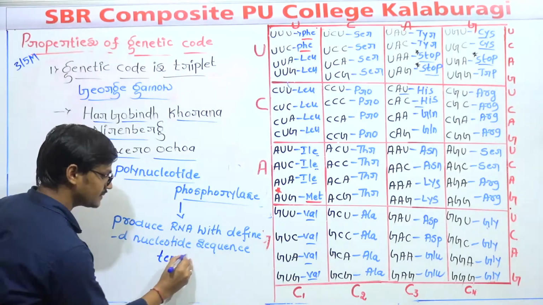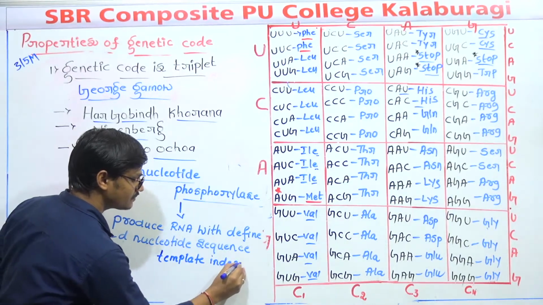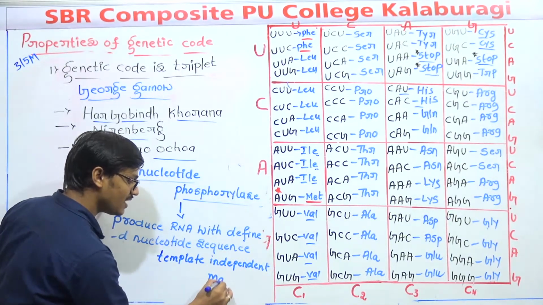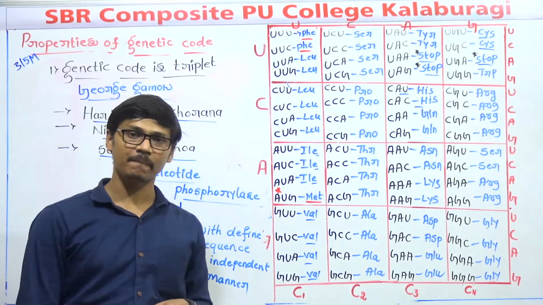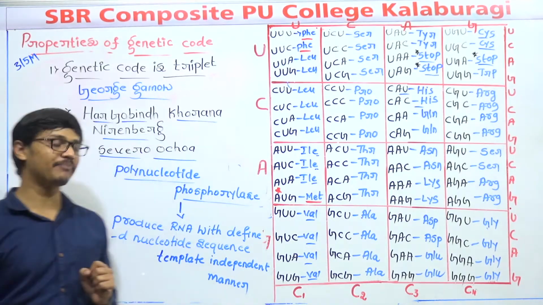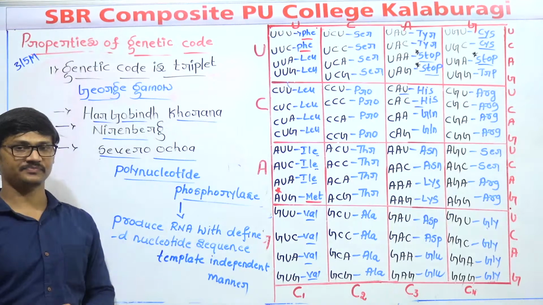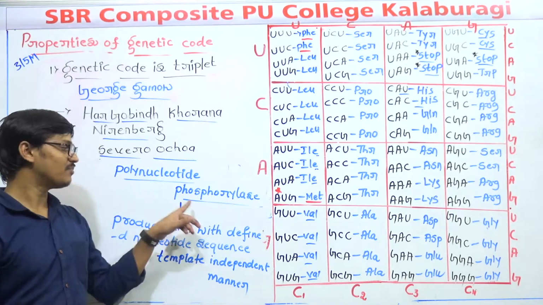In a template independent manner. What does it mean? It means that this enzyme synthesizes RNA with a known nucleotide sequence without using a template. Hence, it is called a template independent manner. And what is the name of the enzyme?